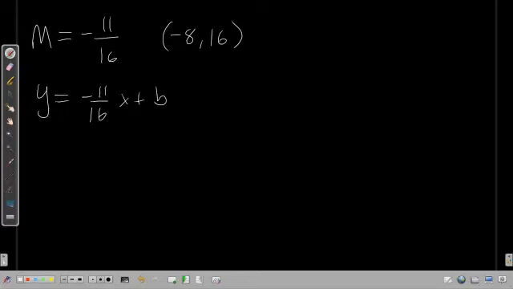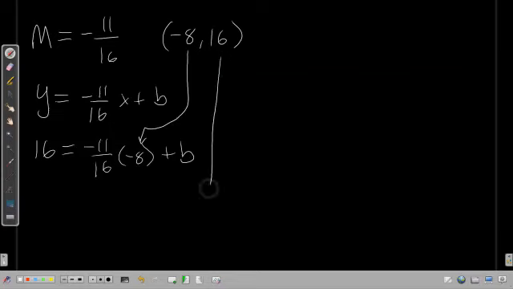And the minus 8 comma 16, that's an x comma y, so I could say that 16 has got to equal minus 11 over 16 times negative 8 plus b. Because there's my x and there's my y. And then now you have an equation that only has b, so you can solve it explicitly.